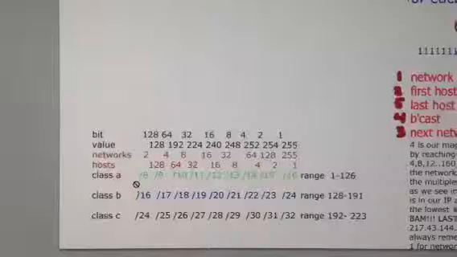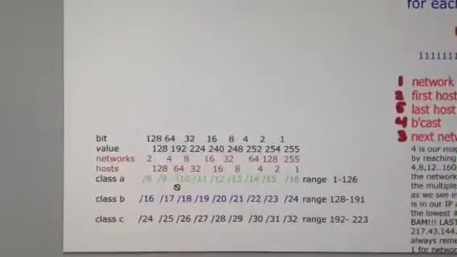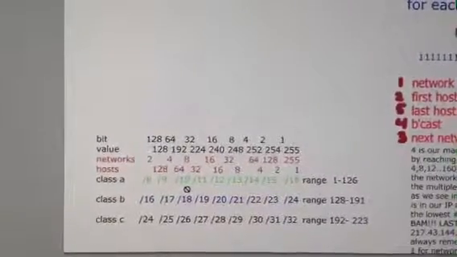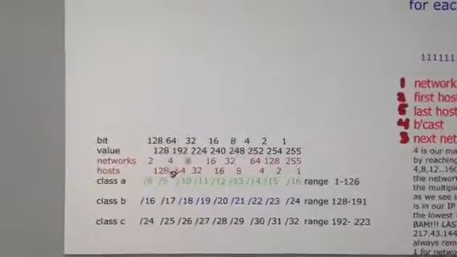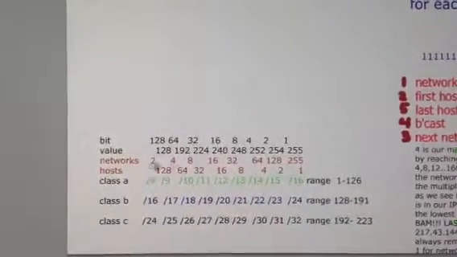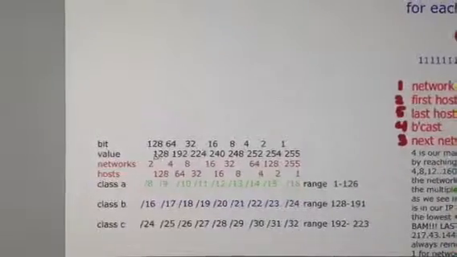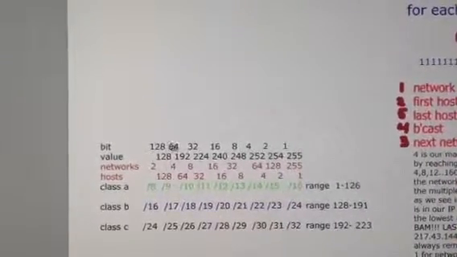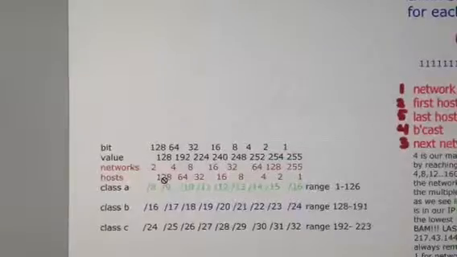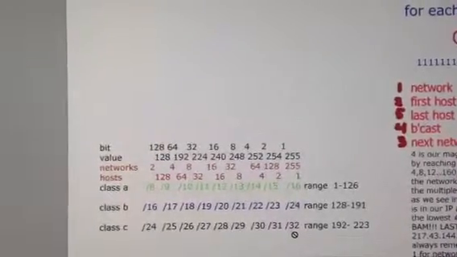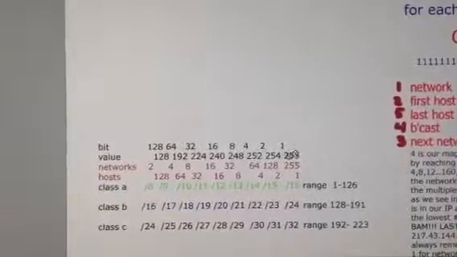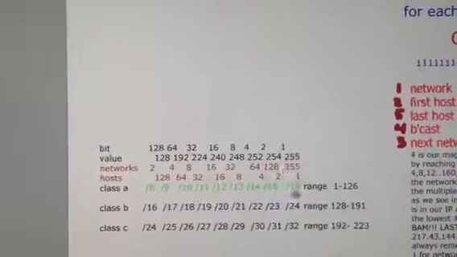These are the classes and subnet values, which also correspond to the dot notation numbers. For example, a class A /8 is a dot notation 128. A class C /32 corresponds to a dot 255.